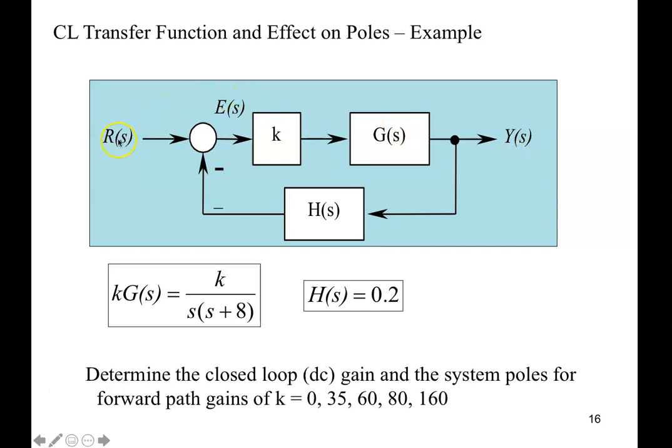The forward path from input to output goes through this k and this G(s), so in the numerator you will only have k times G. In the denominator, it is 1 plus the product of all the terms in the feedback loop. Over here we have a feedback loop, so there are 3 terms there: k, G, H.